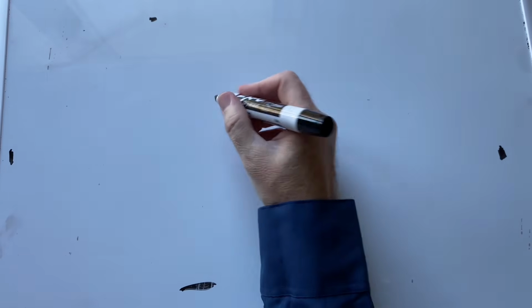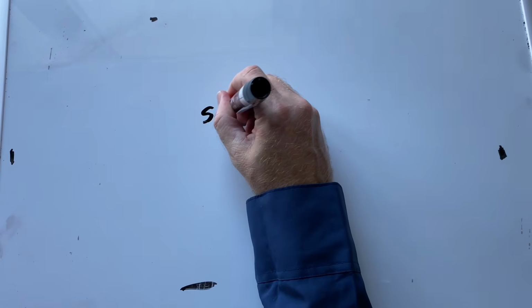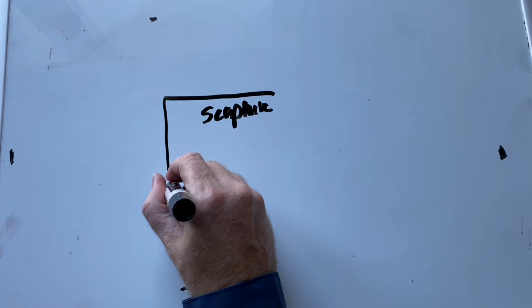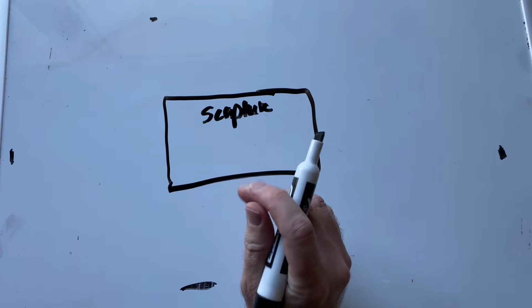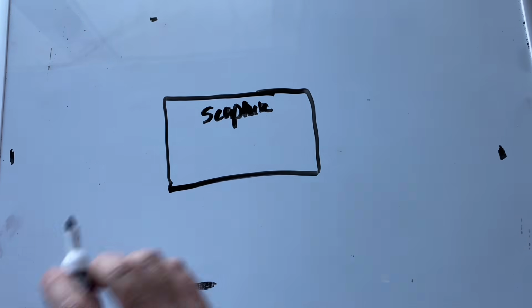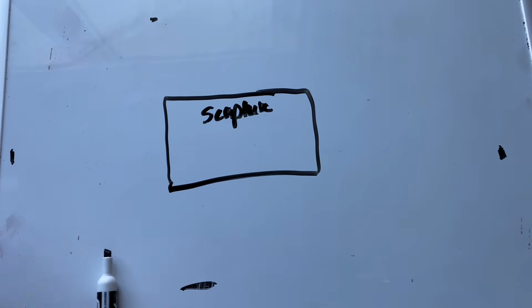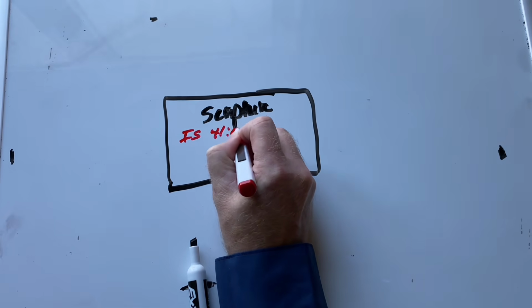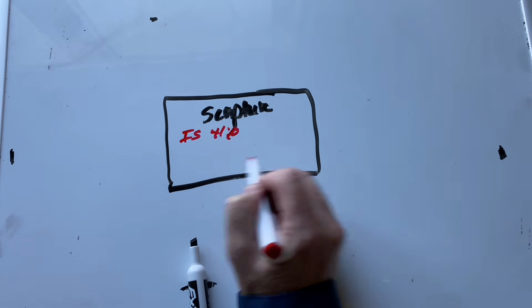So the first thing is scripture, okay? And you would just draw a box around it, and you would write out your Bible verse. And in this study today, we're going to actually be doing Isaiah 41:10. So you would write out that scripture.